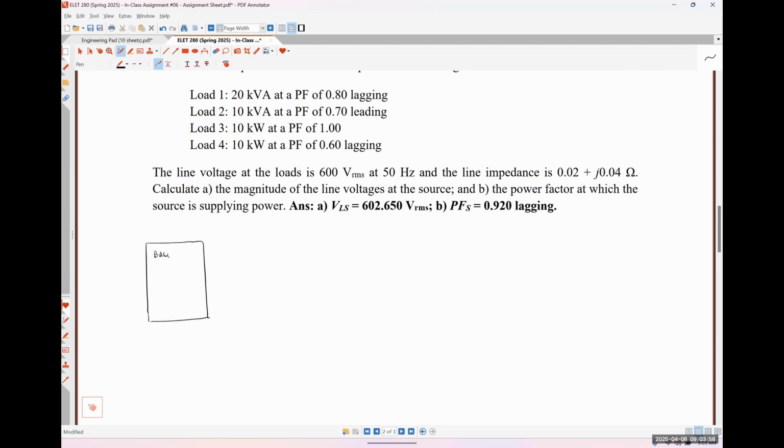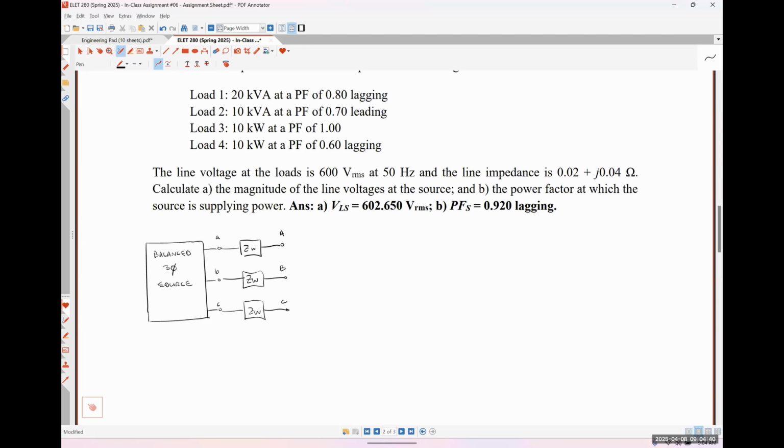So here is our balanced three-phase source, yet again. Terminals A, B, and C. Here's my transmission line impedance, ZW. And now I've got 4 loads connected in parallel.